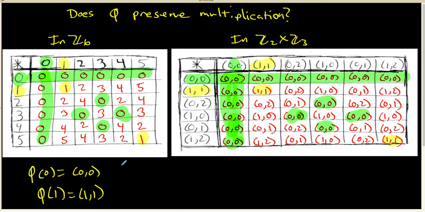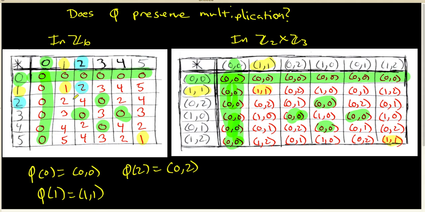Well, let's see. Phi of 2 is supposed to be 0, 2. So let's color the 2's in the Z6 table and the 0, 2's in the Z2 cross Z3 table the same color. And we'll make them this pretty blue color.